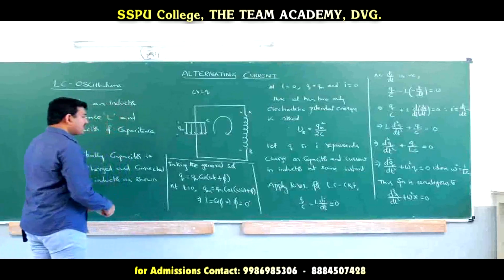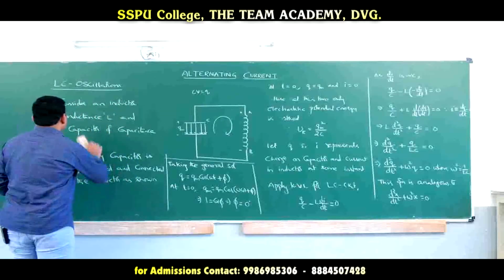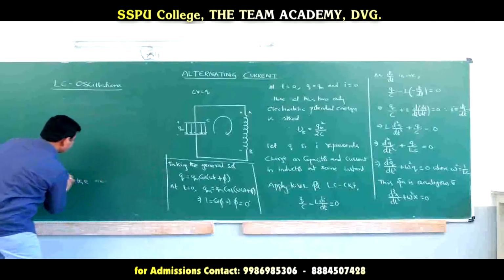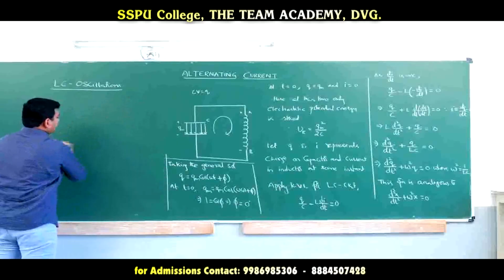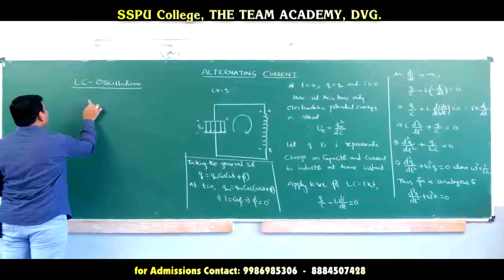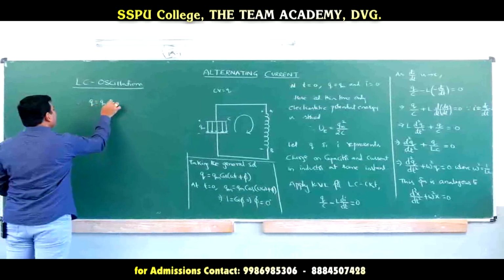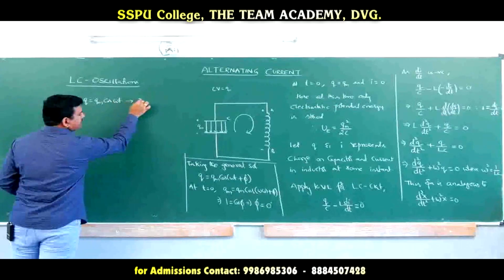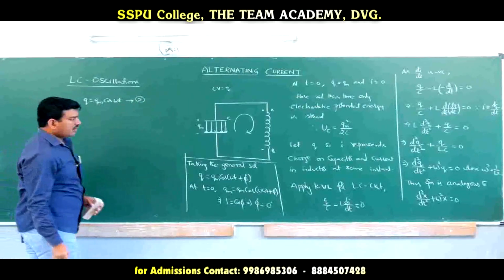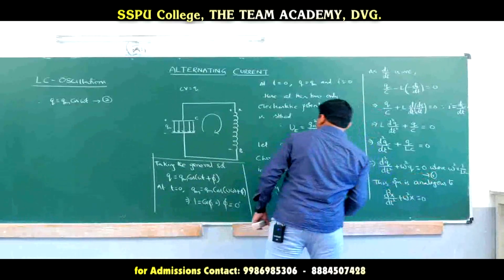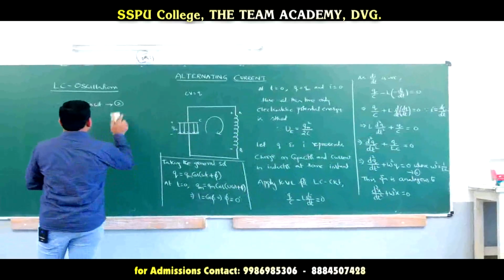So therefore, as the initial phase is equal to 0, I can say that q is equal to qm into cos omega t. Take this as equation number 1, and now take this as equation number 2.